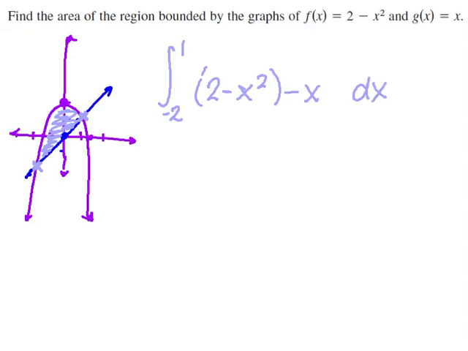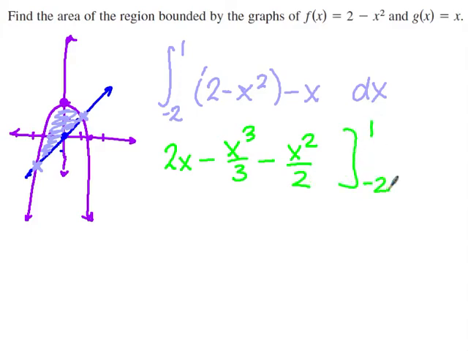Now in this case, I can just jump right to the integral. What's the integral of 2? 2x minus x cubed over 3 minus x squared over 2, and I'm going to evaluate that from negative 2 to 1. So now we need to plug in 1 first of all.